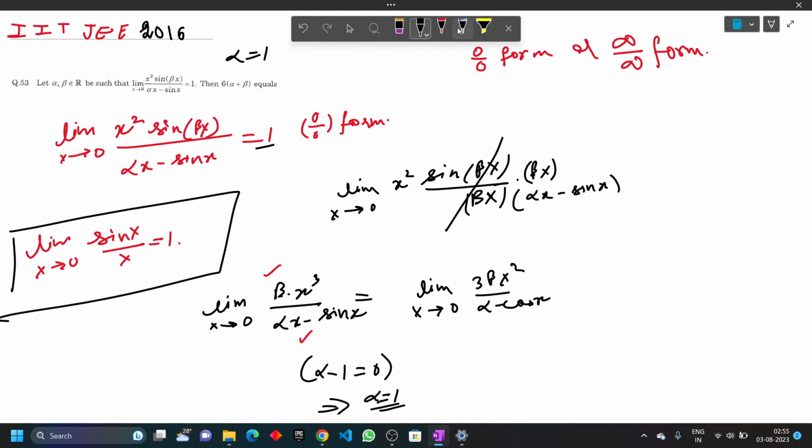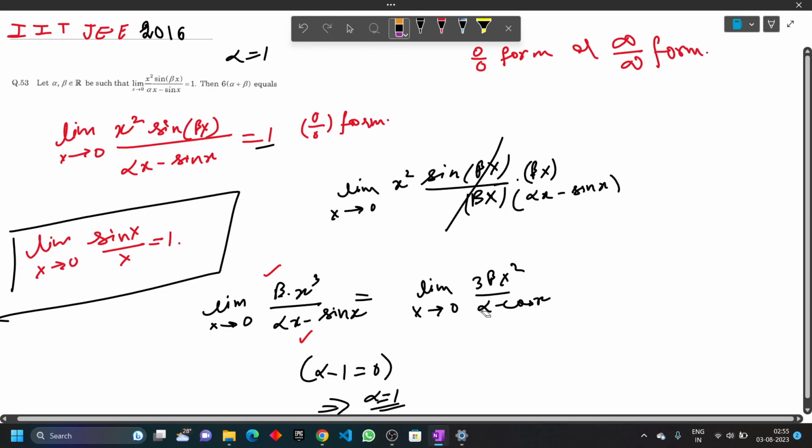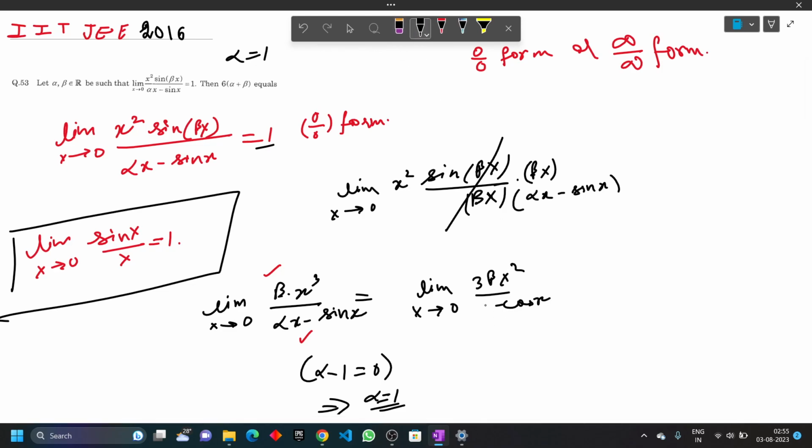Now I just have to find beta. I can substitute the value of alpha in this case. Alpha is 1. Now I'll use the normal identity: we know that 1 minus cos x is equal to 2 sine square x by 2, right? So limit x tending to 0, 3 beta x square upon 2 sine square x by 2.